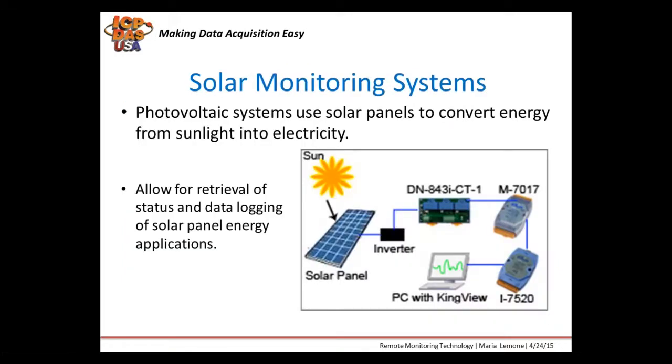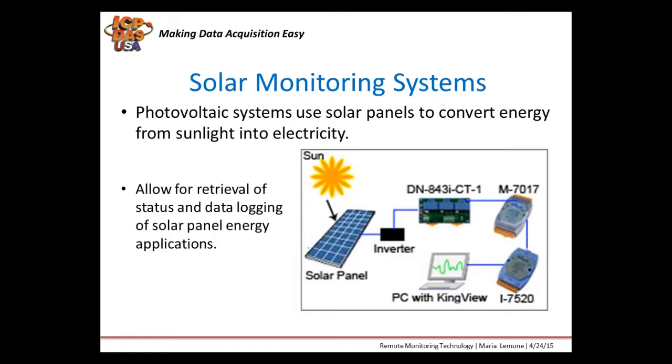Solar monitoring systems are another application of remote monitoring and control. Photovoltaic systems use solar panels to convert energy from sunlight into electricity. Solar power monitoring systems consist of solar panels, power inverters, current input sensors with AC/DC inputs, analog input modules, communication converters, and monitoring software.